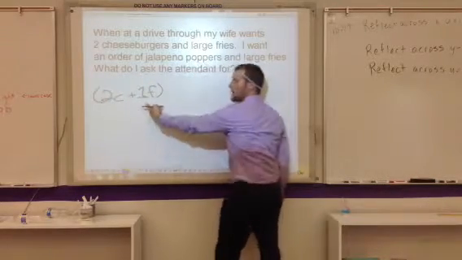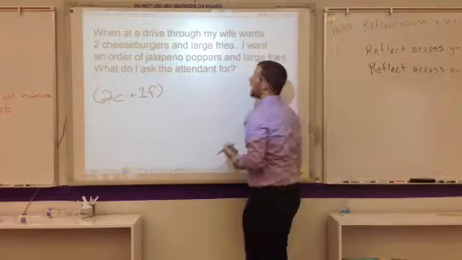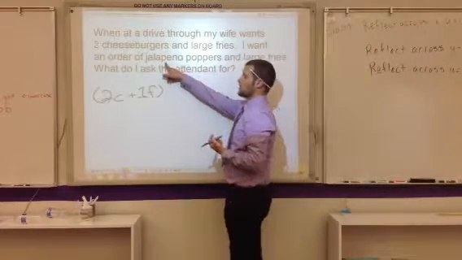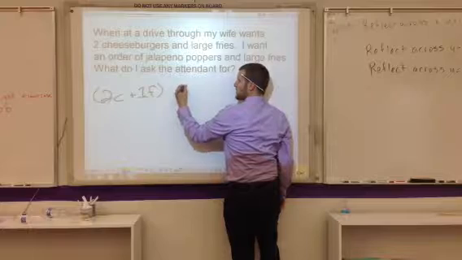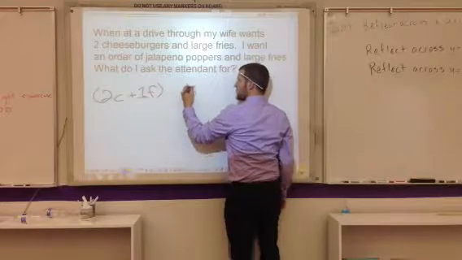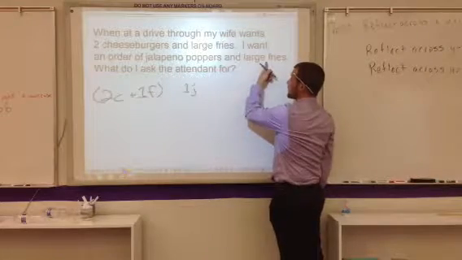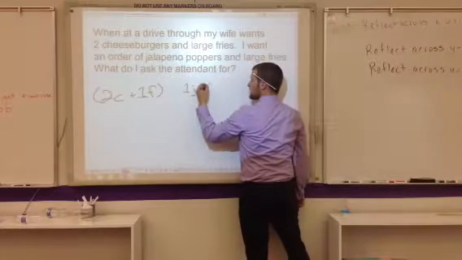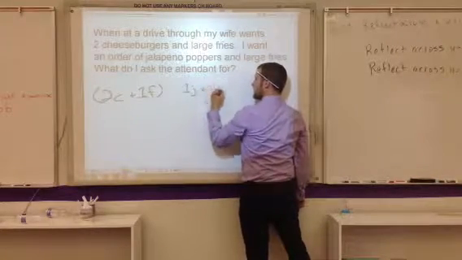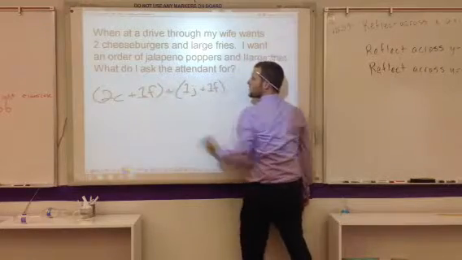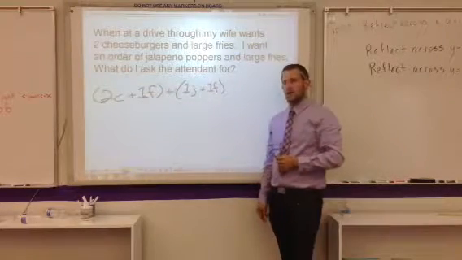That is what my wife wants. I want an order of jalapeno poppers, which I will call 1J, because it is one order of jalapeno poppers, and a large fries, so plus 1F. Those are all the things we're asking the attendant for.